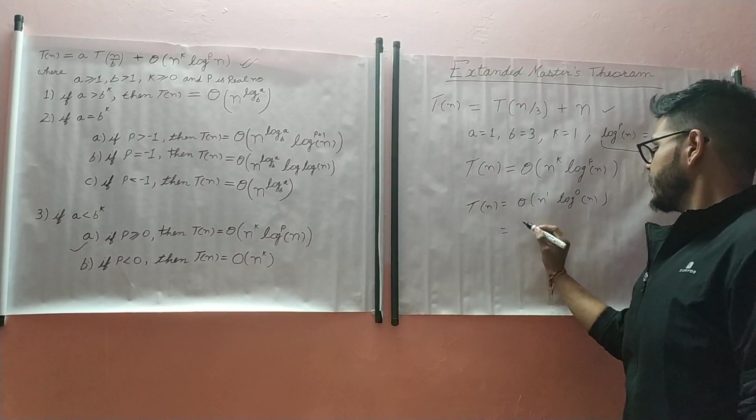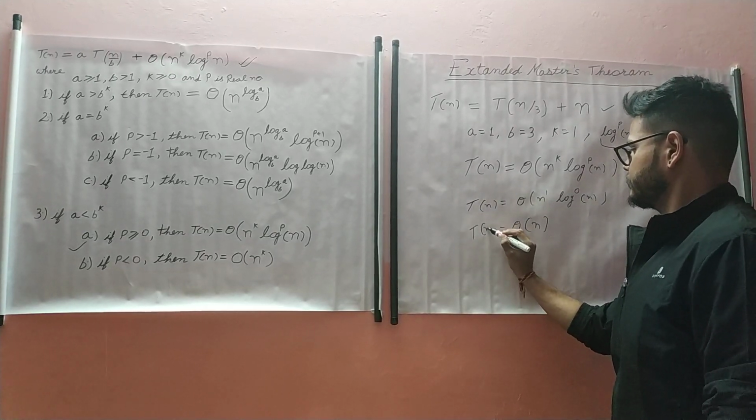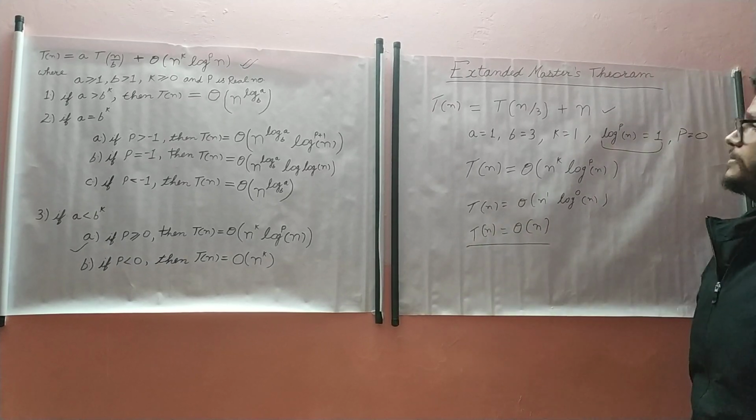So we get theta of n. So T(n) is theta of n.